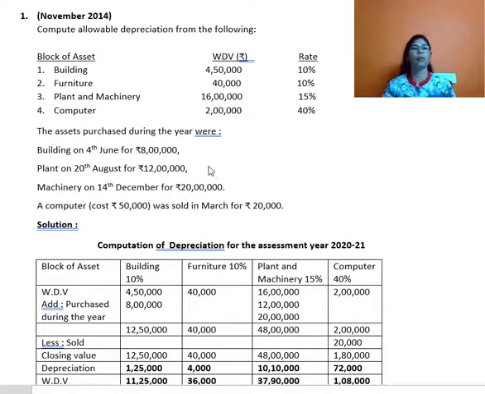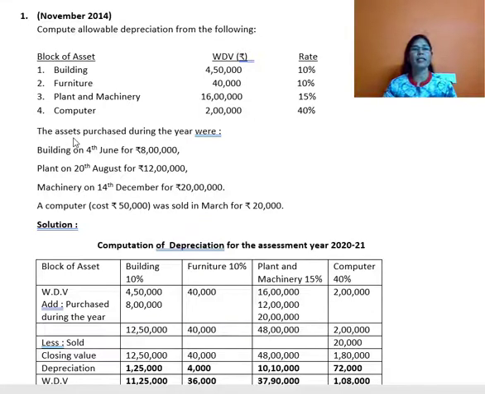Let us take this problem. This problem was asked in November 2014. Compute allowable depreciation from the following. Block of assets are given. We can see here building, furniture, plant and machinery, computer. The written down value is given and the rate of depreciation is given.